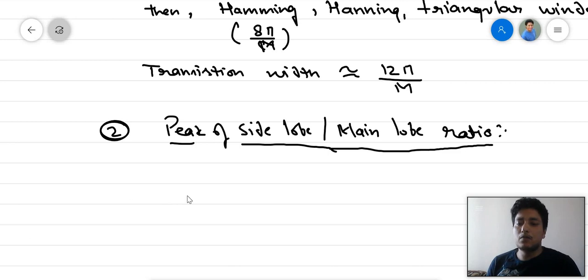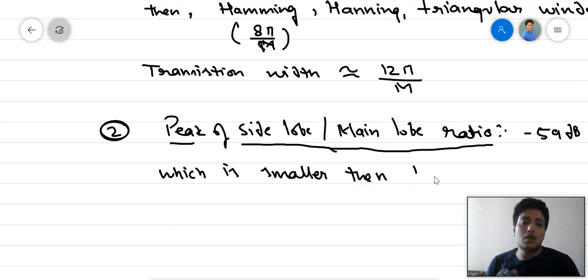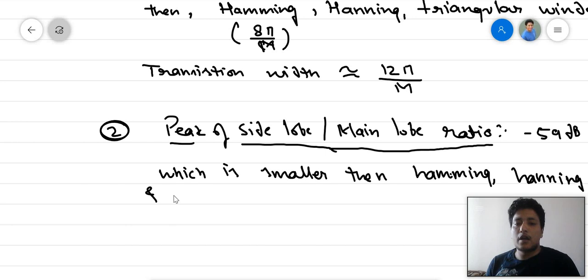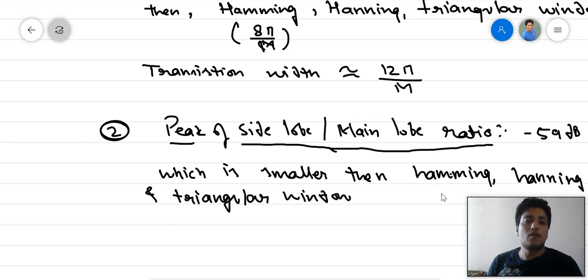In case of the Blackman window, this ratio is minus 59 dB, which is smaller than the Hanning and triangular windows. For the Hamming window, the peak of side lobe over main lobe ratio is minus 42 dB.